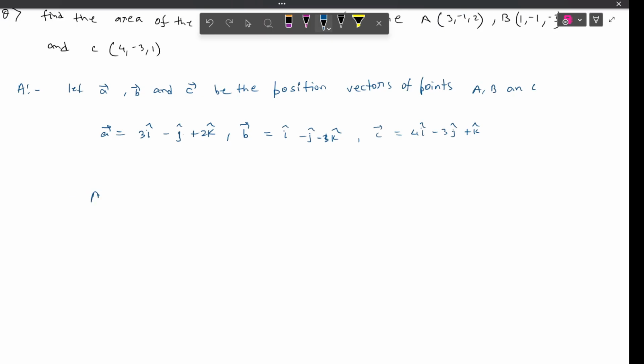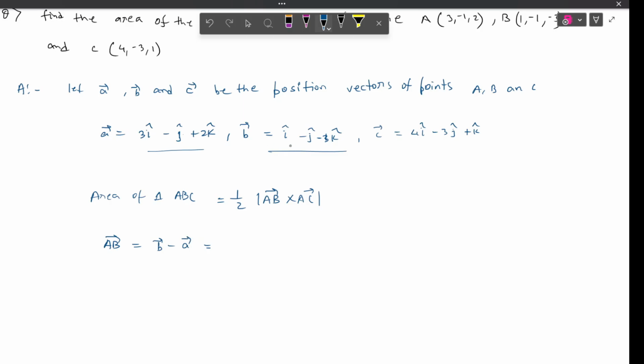So area of triangle ABC would be half of modulus of AB cross AC. We have seen this, right? So what is AB vector? AB is final minus initial, so B vector minus A vector. B vector is this, A vector is this.